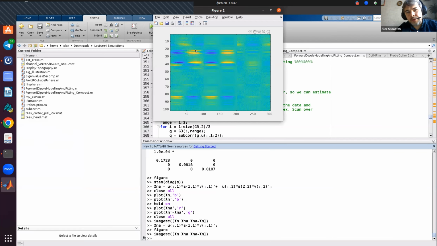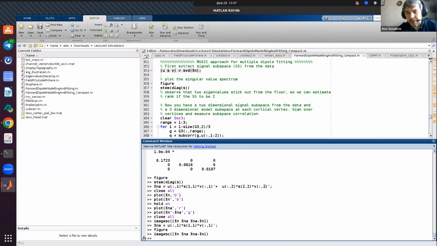See, this is my approximation, but I still have some structure left. Not noise, but some structure. And this structure is taken care of by the second component. But the rest is noise.